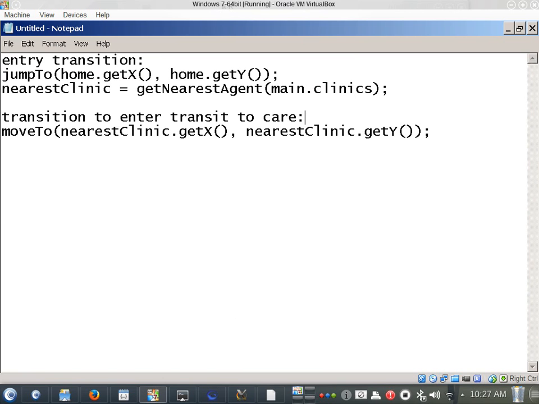So what's going on here is, in the entry to the whole state chart, we're going to our home location. We're going to be based on our home, and we're determining what our nearest clinic is. And then, when it comes time for us to go seek care, we move to the nearest clinic. This is the X location of the nearest clinic, and the Y location of the nearest clinic.